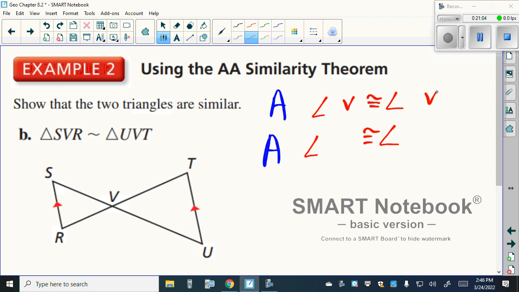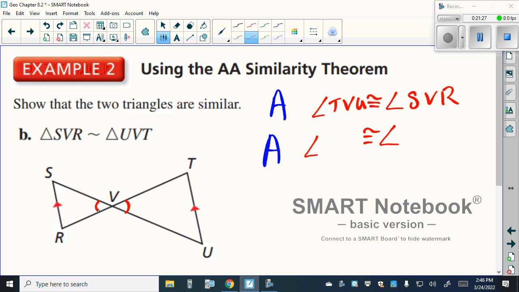Almost. So what we're saying is that these here in the middle are congruent. Now, why are those 2 congruent? Because the lines intersect, yes?